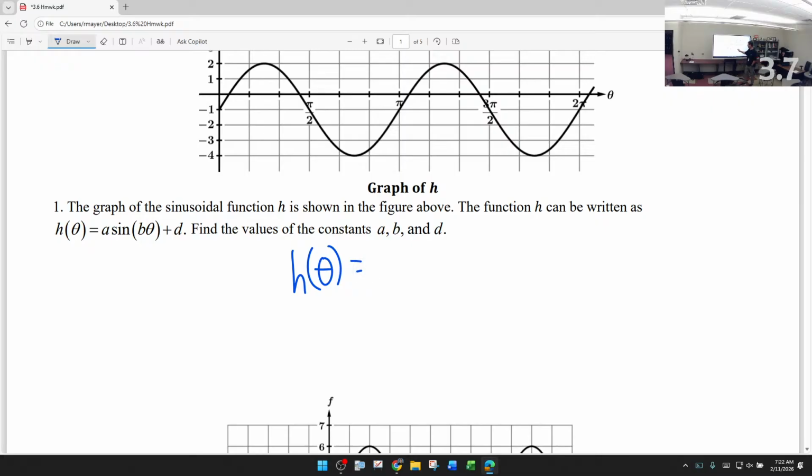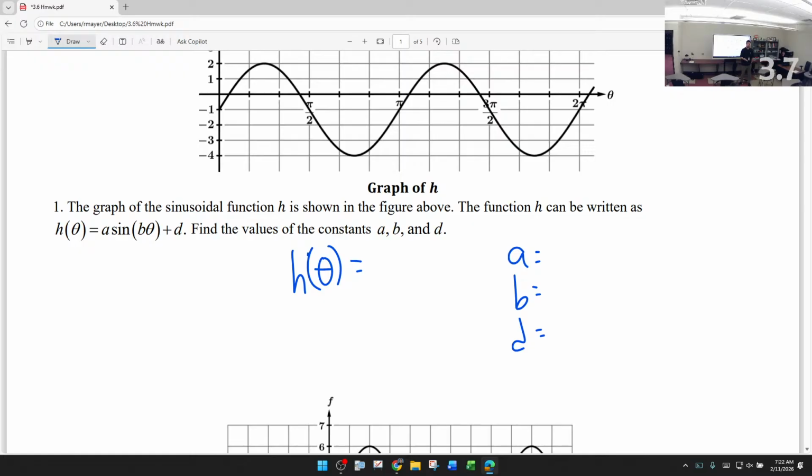But all they want is A, B, and D. So this is all you need. Don't put it back into the equation unless it specifically says put it back in the equation. Again, it's not wrong if you put it back in the equation. I think they will give you credit. But if you put it back in the equation incorrectly, they're going to ding you because it's not right. And if you don't put that part of it, they're going to ding you.